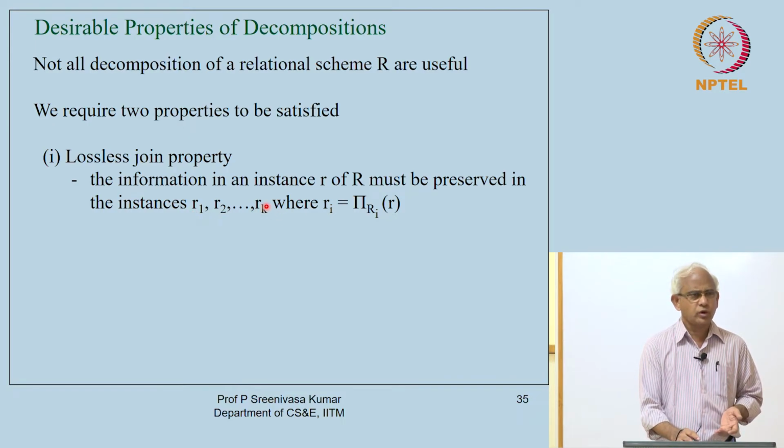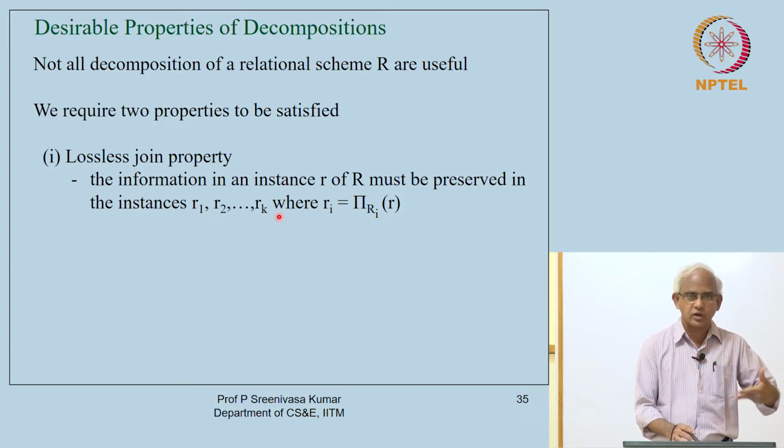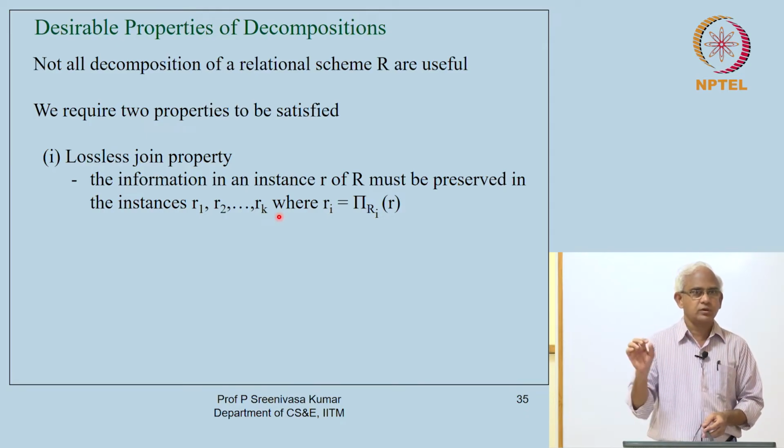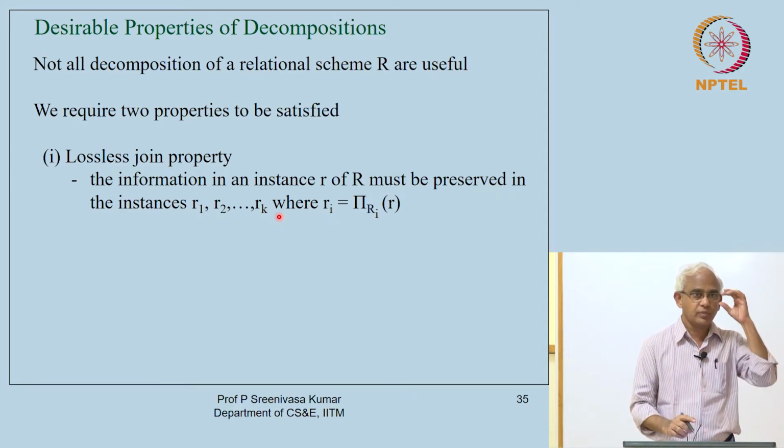Okay. So what do we mean by it should be present in? It will actually be present, right, because anyway you are taking projection of R and then getting these R1 through Rk. So whatever tuples were there in R will automatically, some segments of those tuples will come into R1 through Rk. So each of these tuples that is there in R now will get segmented in some sense actually, right.